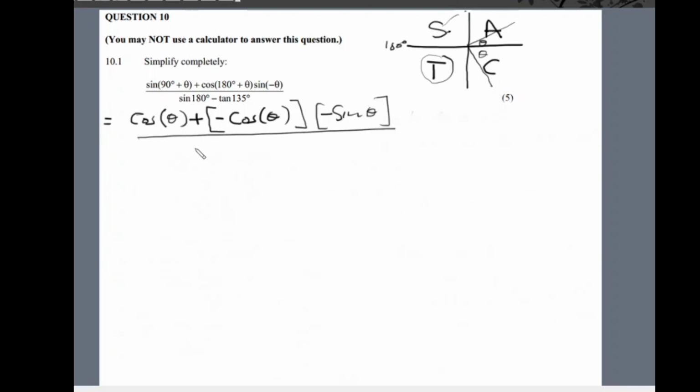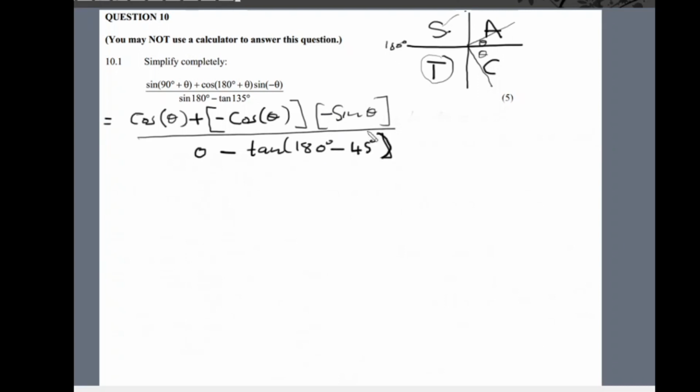So sine 180 is just equal to 0, and then minus tan 135 is the same as saying tan of 180 degrees minus 45 degrees.